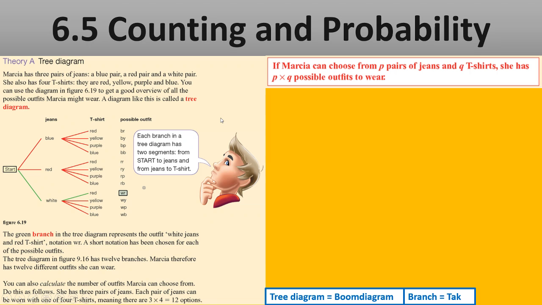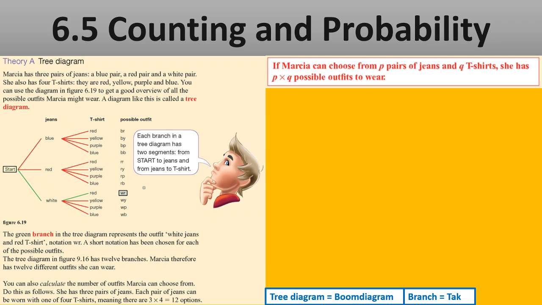Well, it all depends on, first of all, which color of jeans does she wear? And if she has chosen that, well, there are still 4 different ways that she can choose the t-shirt, red, yellow, purple, or blue. And if you're going to count them, you will count that there are 12 distinct different ways or outfits that Marcia might wear in this example.